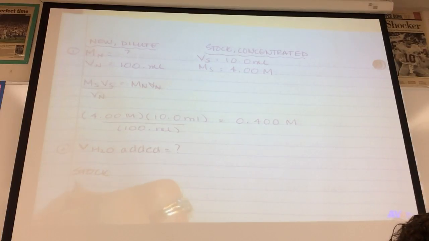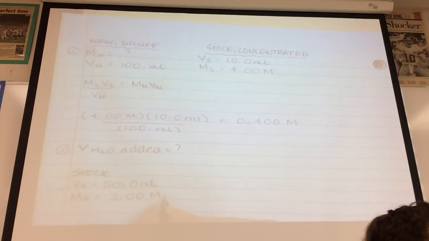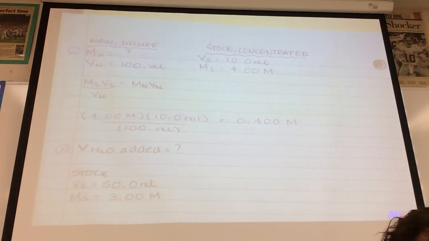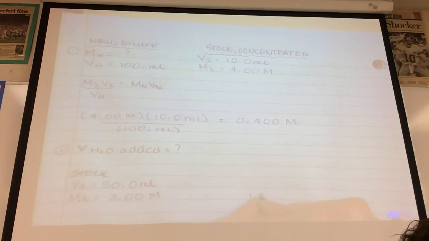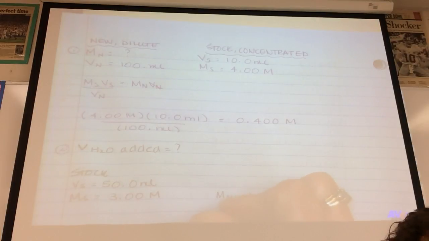So the volume of the stock is 50 mLs. The molarity of the stock is 3 molar. It says we want to generate a 1.25 molar solution. What does that represent? Which variable? And which M? The new one.